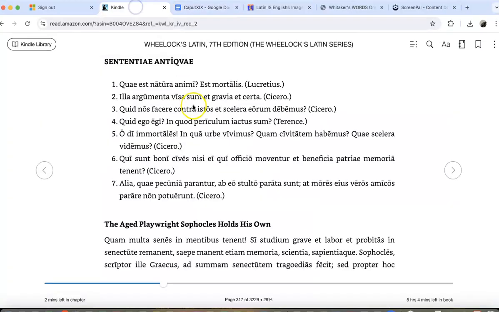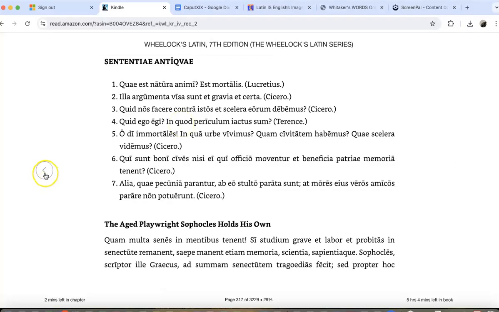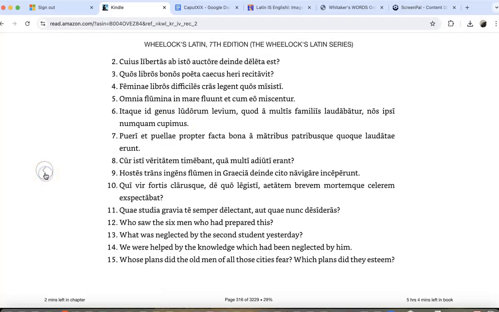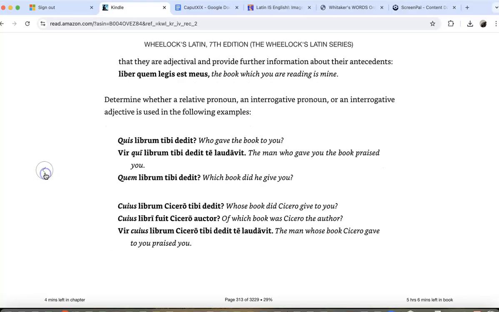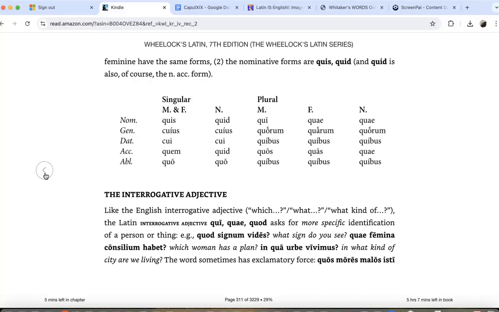Let's explain that in a little more detail. In quad, we need to be able to recognize this as the accusative pronoun. So if I go back, I think we have this chart in our chapter. Quad. No, it's in our earlier chapter, I believe. Yes, it's not in this one.